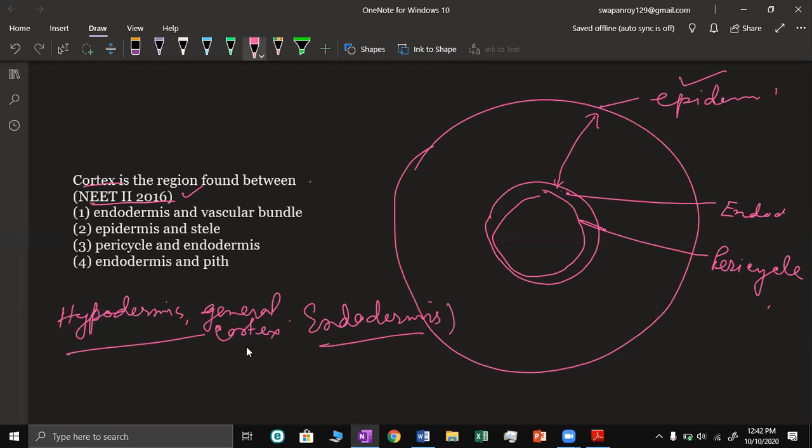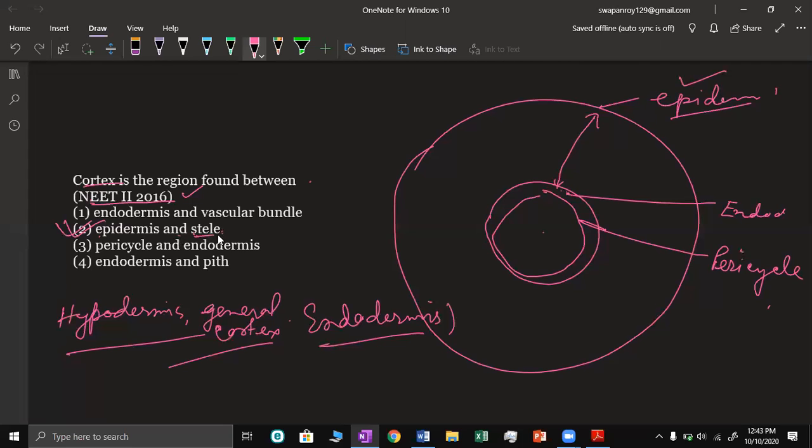The outer boundary is epidermis, the inner boundary is endodermis. So the tissue between the pericycle and here endodermis and vascular bundle, epidermis and stele. Say this will be our answer.